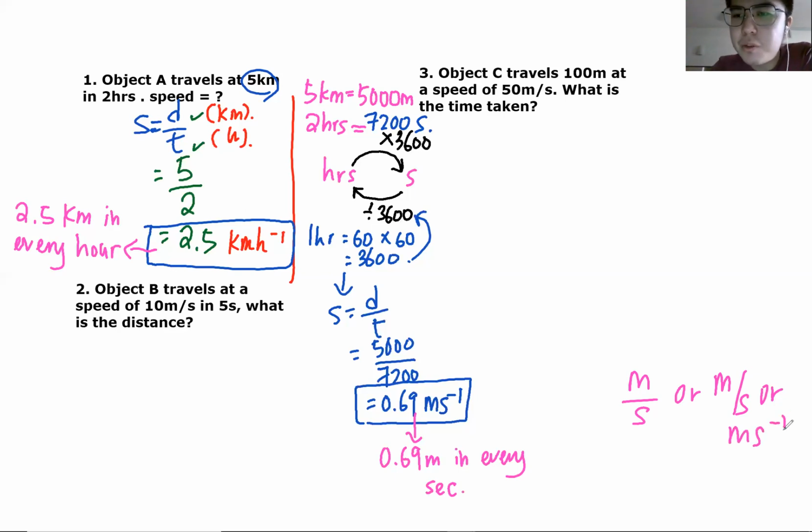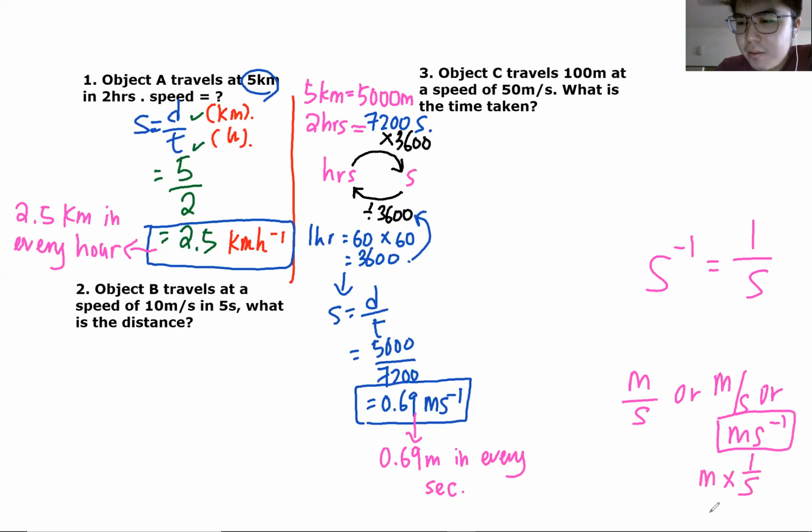The -1 means that s^-1 equals 1 over s. So ms^-1 means m times 1 over s, and you get back m divided by s, the same thing. So it's just another way of writing it.